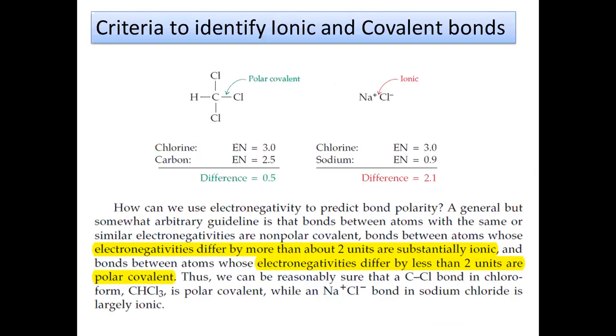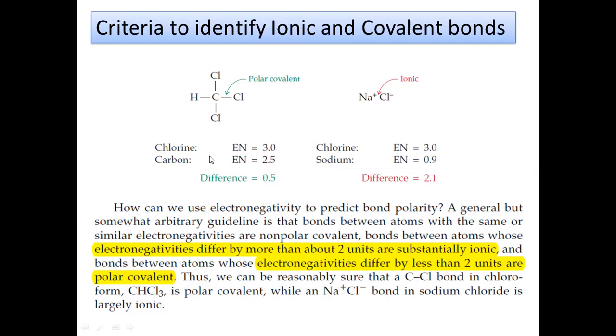Another criterion to evaluate the covalent bond is the difference in electronegativity. If the difference in electronegativity between the two atoms is less than 2, then there is more possibility to form a covalent bond, and if it is more than 2, then there is the possibility to form an ionic bond.